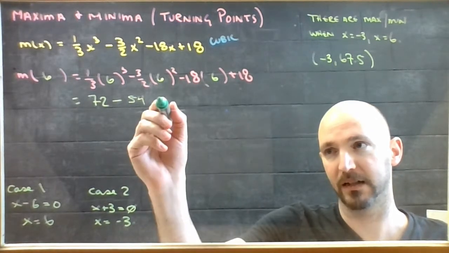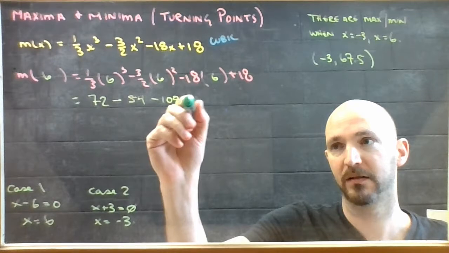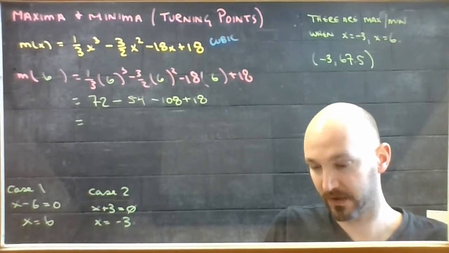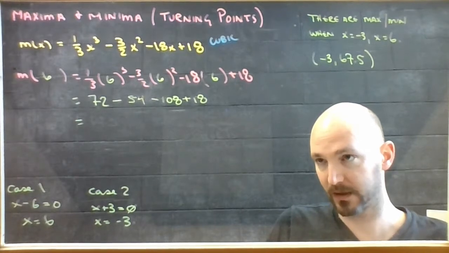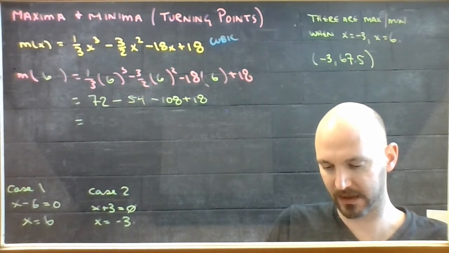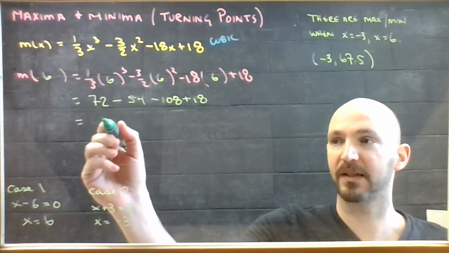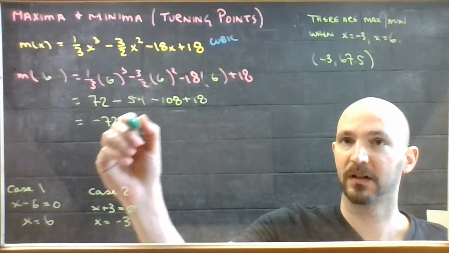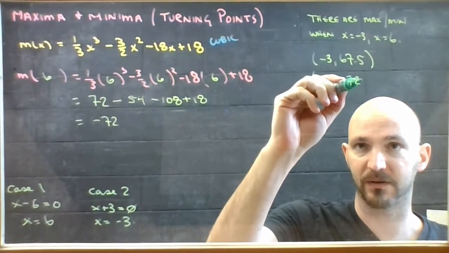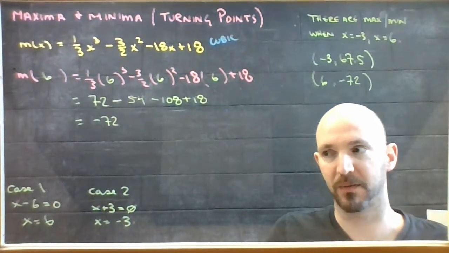That's 108, plus 18. So 72 minus 54 minus 108 plus 18 gives me negative 72. So I have 6 comma negative 72 as one of my max/min points.